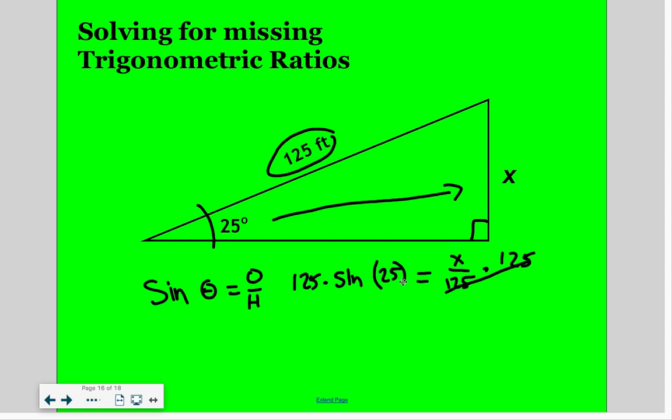So 125 times the sine of 25, and that gives me about 52.8. If I was doing sig figs, notice that I only have 2 from the 25, so I could say that x is just going to be equal to technically 53, and the units in this one were feet. So I'm just going to leave it with the feet for now, even though it irks me because it's not in meters.